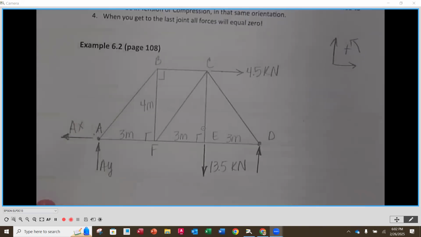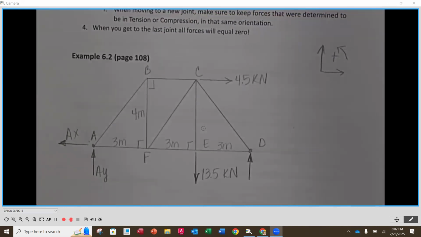This is what my free body diagram looks like. So now our first step here, then, once we get our free body diagram in place, we are going to solve for the reactions at the supports.